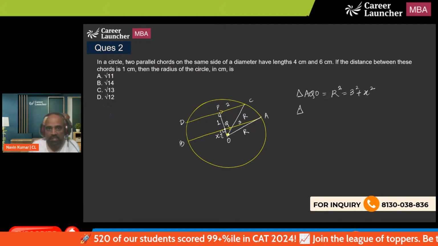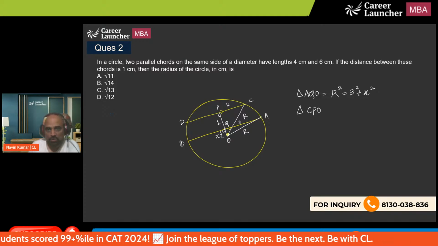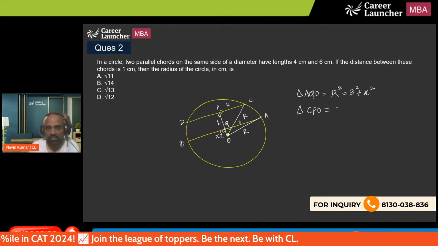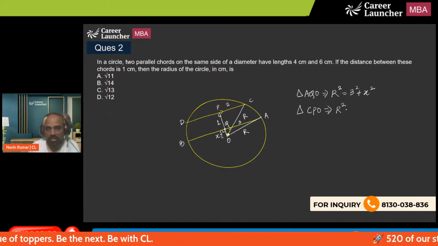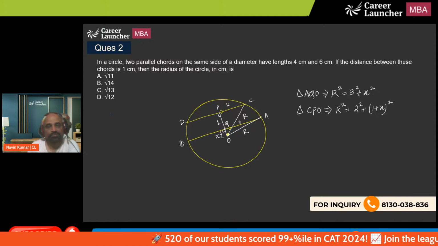And in triangle CPO, which is also a right angle triangle, we can say that R square is equal to 2 square plus 1 plus X whole square.